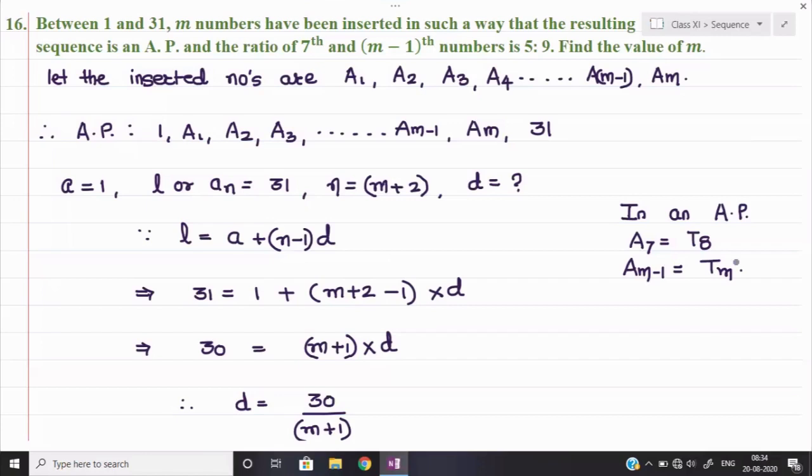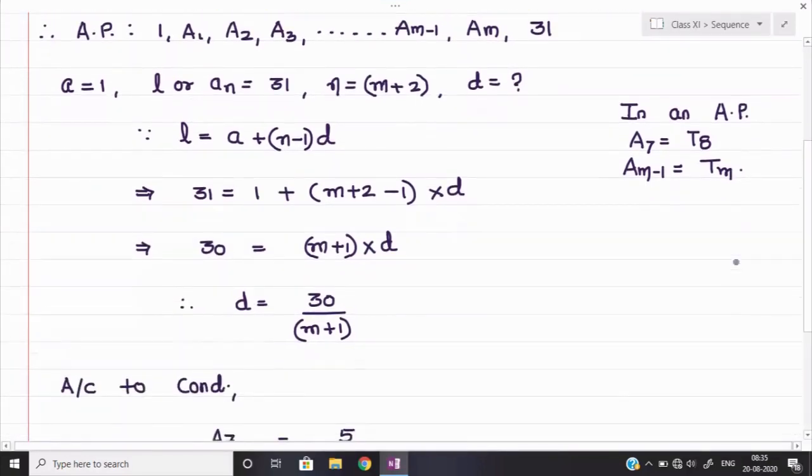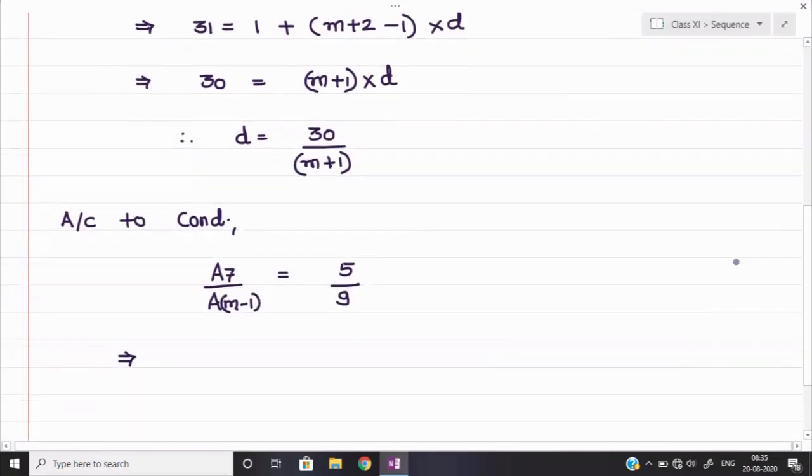Similarly, in am minus 1 the suffix m minus 1 increased by 1 becomes m, because minus 1 and plus 1 cancel and only m remains. Now I think it is clear how am minus 1 is equal to tm.